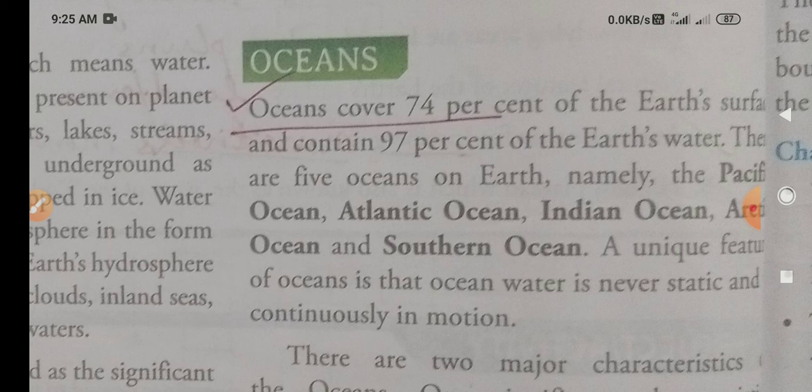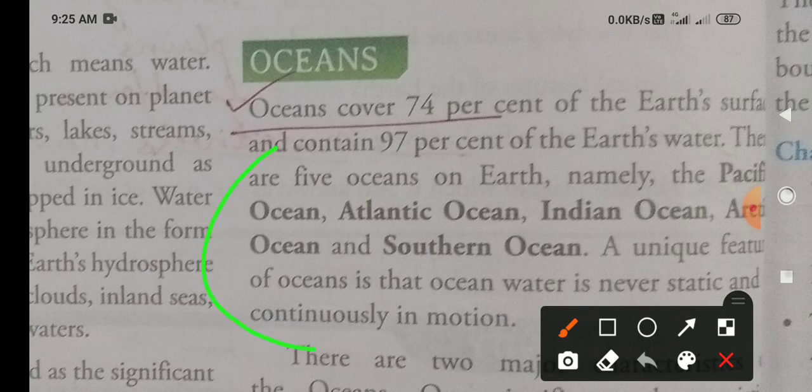So the total surface of the earth is divided into 100, and out of that 100, 74 parts are occupied by water. If you see, as I showed you on this globe and map, most of the part is marked with blue. If you see the globe from a distance, it will look like a blue sphere.